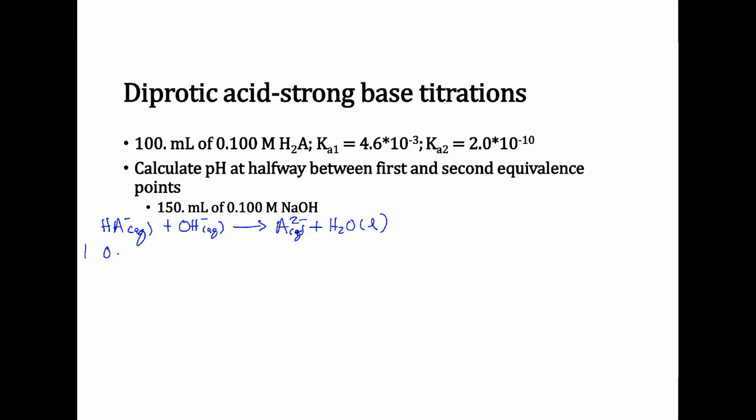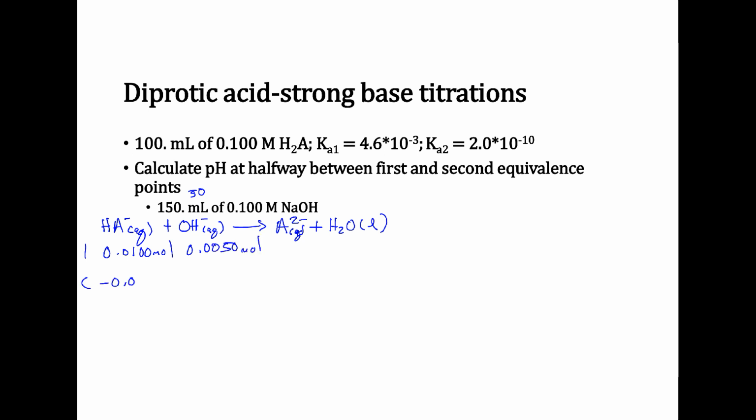Like I said, the initial number of moles here is 0.0100 moles. And so now we're looking at essentially 50 milliliters of sodium hydroxide, because the first 100 went to neutralizing completely the H2A. So now we have 0.0050 moles of hydroxide.